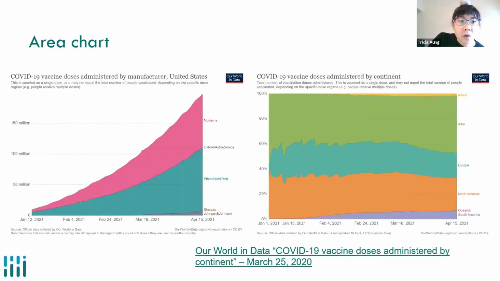And as I mentioned, an area graph. An area graph integrates this idea of proportion and also change over time. On the left is an example of a regular area chart, and the right side is the equivalent for 100%. It shows proportion within 100%.